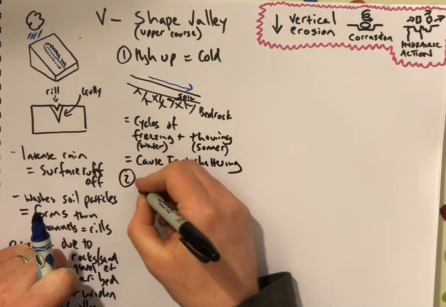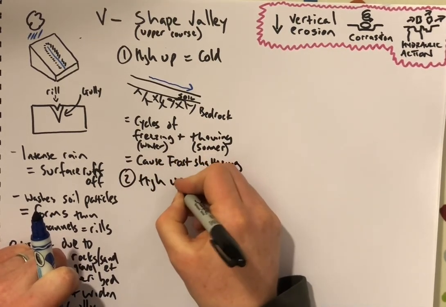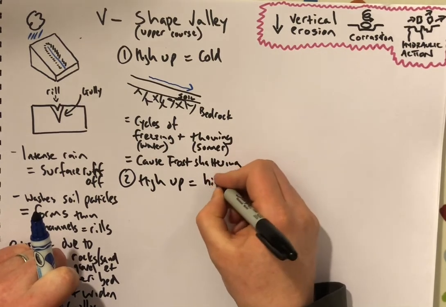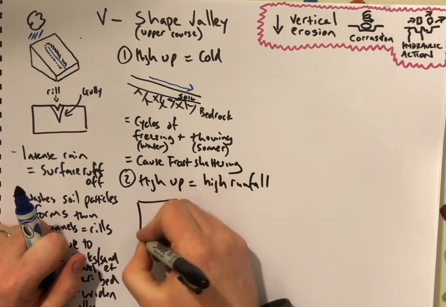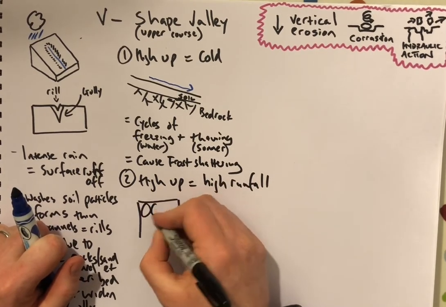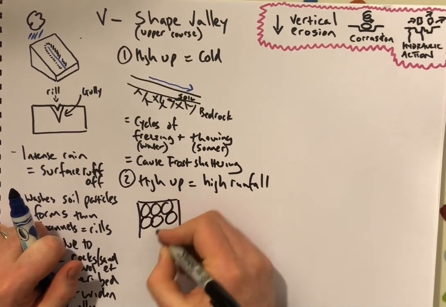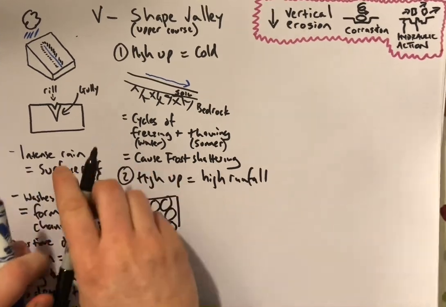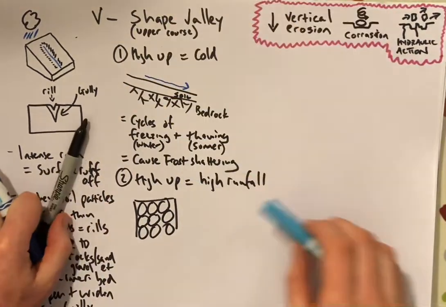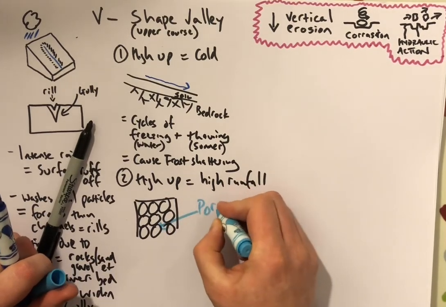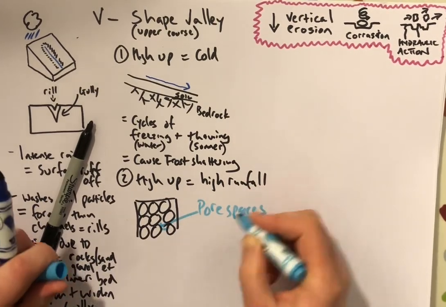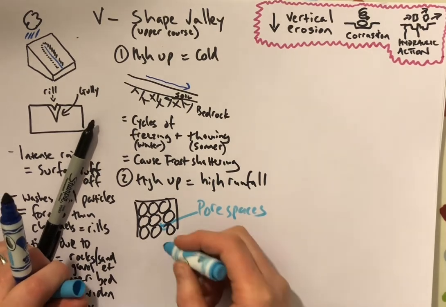Second thing is that high up, so we've got high rainfall. And this goes back to biosphere. So what we have is that we have these pore spaces.